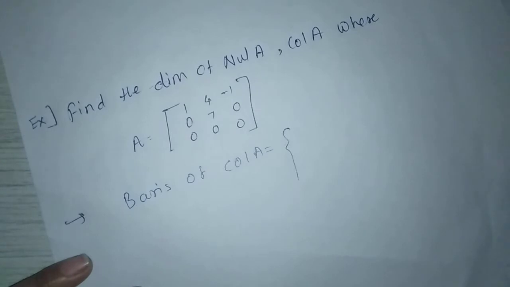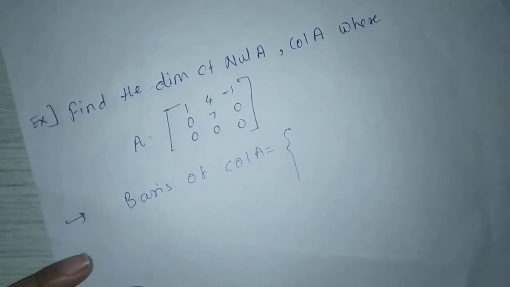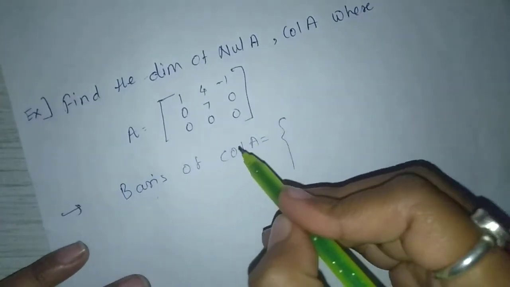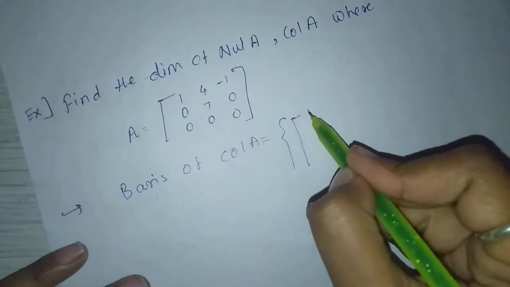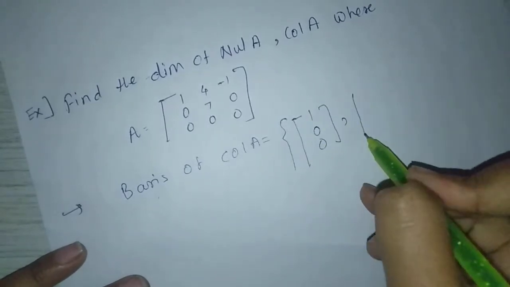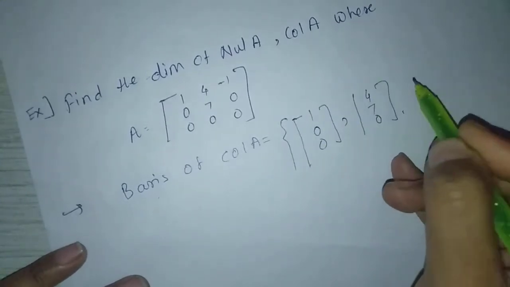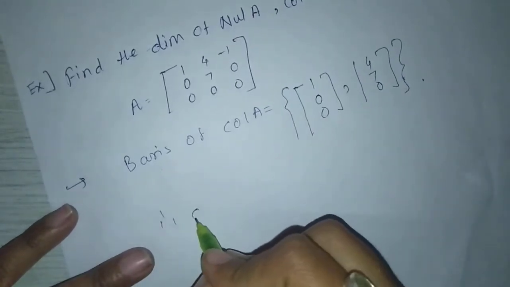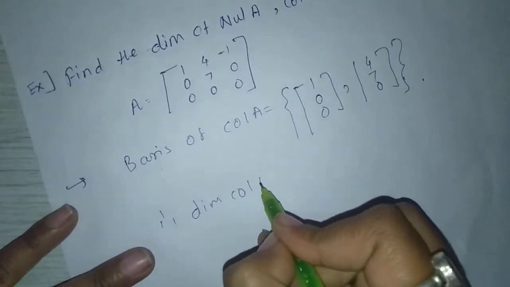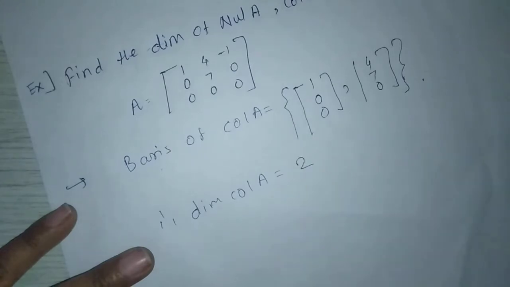That means you do not need to convert it into row echelon form. So dimension of column space of A equals 2.